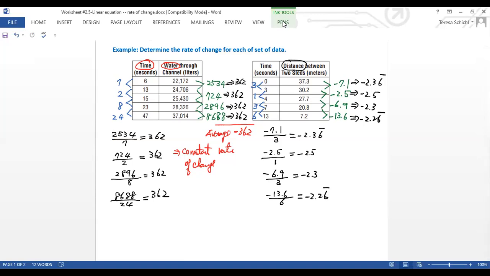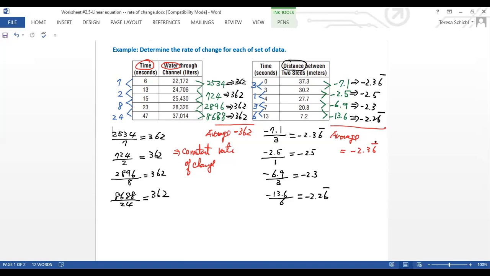So what is the rate of the change? I'm going to find the average, right? You add all of these up and then divide by 4. The average I get is a negative 2.36 repeating. So on average, the rate of the change for this table, the time with the distance, means that every time the time increases 1 unit, the distance drops on average about 2.36 meters.